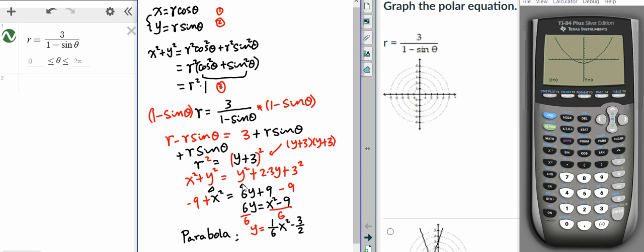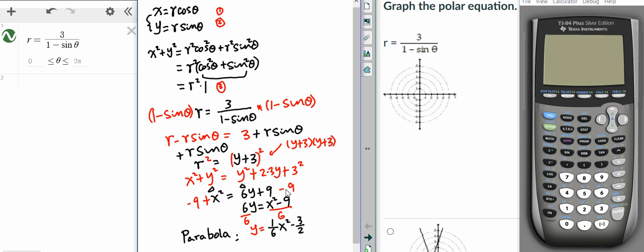Both sides have y squared, so if you subtract y squared on both sides, they will disappear. On the left-hand side, you have x squared standing alone. On the right-hand side, you have 2 times 3, which is 6y, plus 3 squared, which is 9. Up to this far, you will see that's a parabola. You may go further.